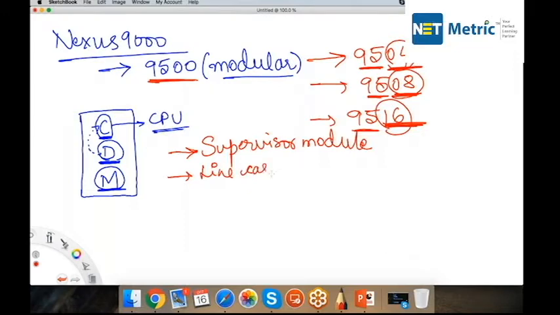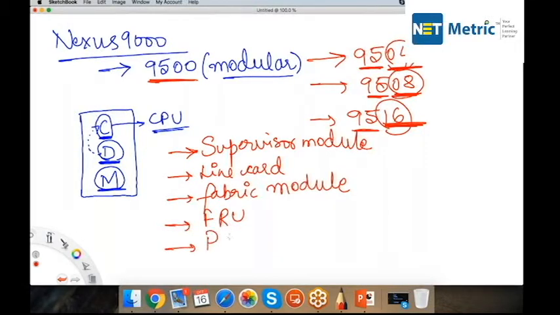Now, the first two digits, we all know what it means. It is basically representing the series that the device belongs to. What about the last two digits? So there's 4, 8, and 16. What do these represent? We will discuss that in just 2 minutes.